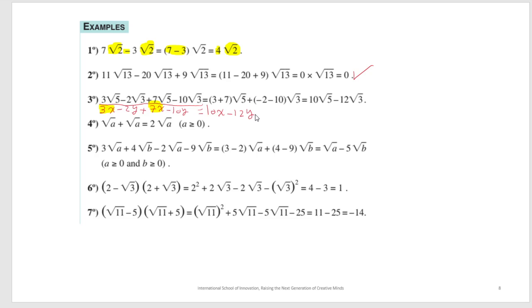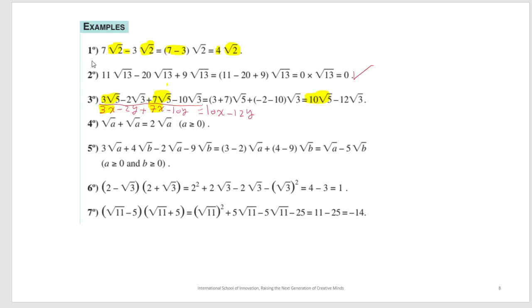It's the same idea here. So 3 radical 5 plus 7 radical 5, they are like terms, so it's 10 radical 5.